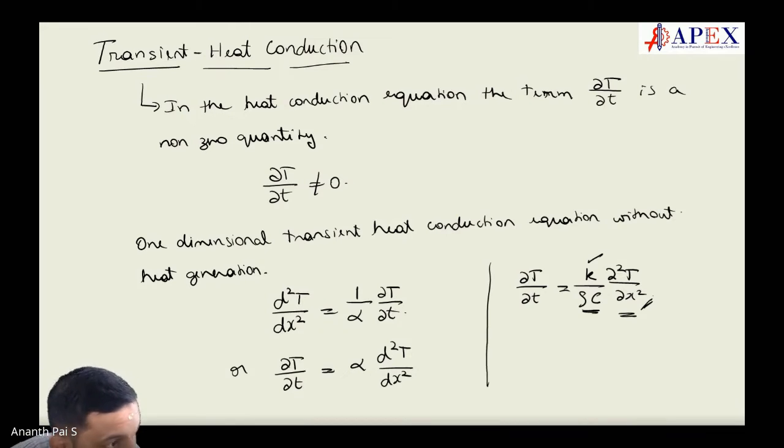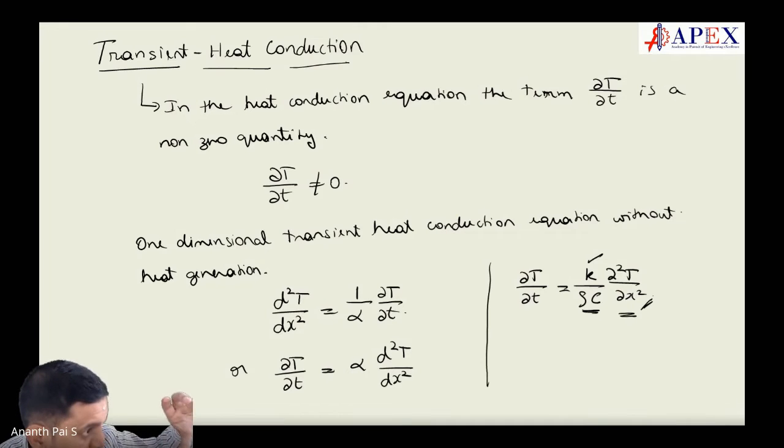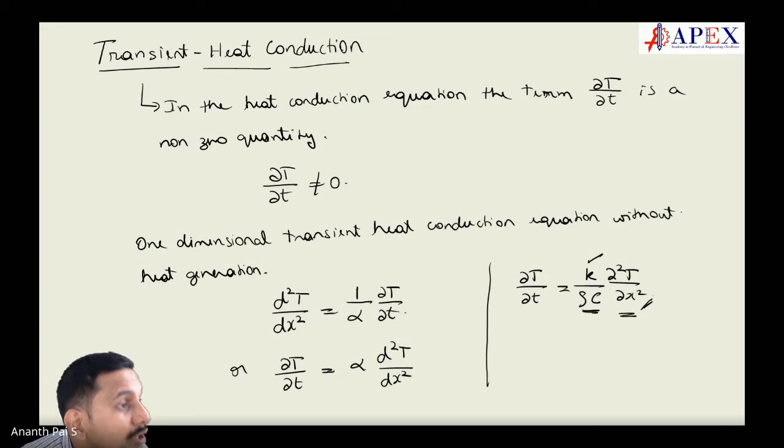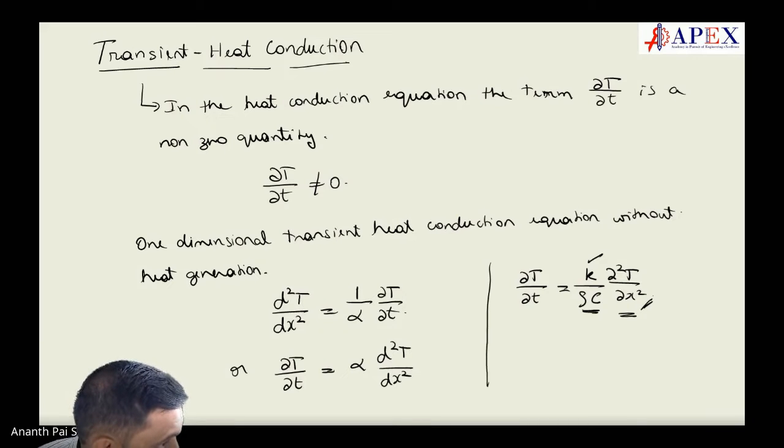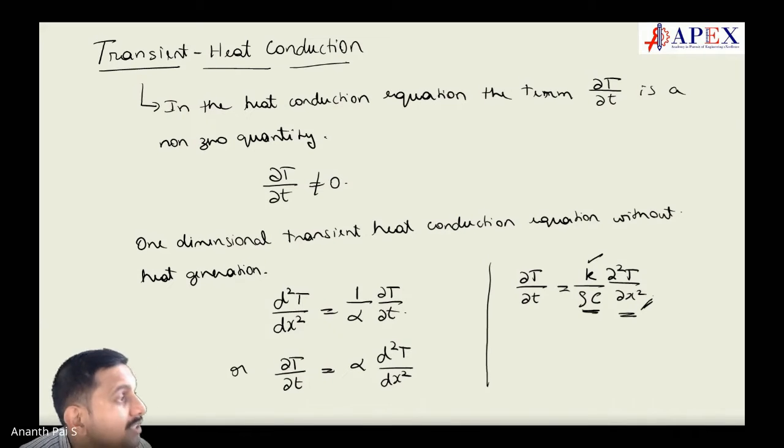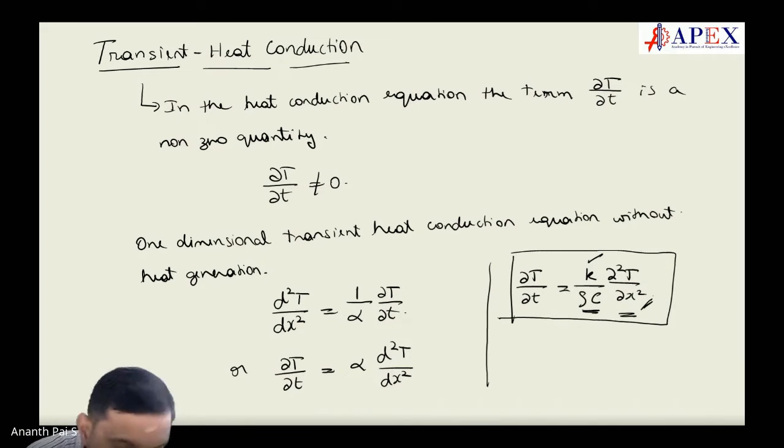Rate of change of temperature gradient implies the rate of change of heat transfer from a particular place. Higher the dou square T by dou x square, heat transfer would be more. Temperature is changing with x. Make sense? So this is how the importance is there with this particular equation.